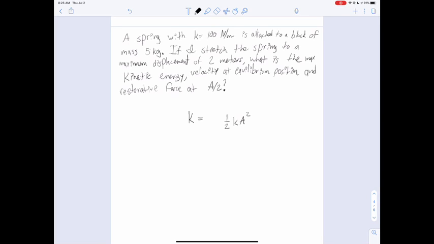And when I plug in for this, I have 1/2 of 100 newtons per meter times 2 meters squared. That's 50 times 4, and that is equal to 200 joules. Again, the SI unit for energy is joules. Okay, and that is our kinetic energy, or our maximum possible kinetic energy.